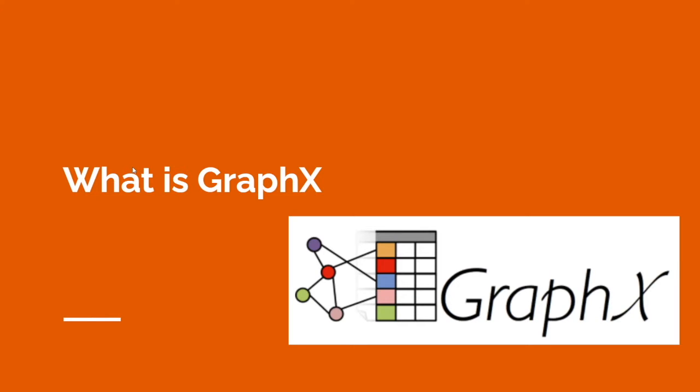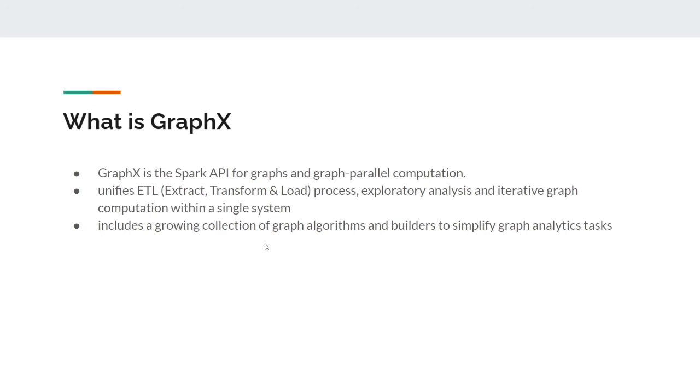So now we described a little bit about Apache Spark. We can now talk about GraphX, which is a tool in this overall framework used for data science. GraphX, hence the name, is a tool that can use graphs to facilitate different things to the user in Apache Spark. GraphX is basically a Spark API for graphs and graph parallel computing.